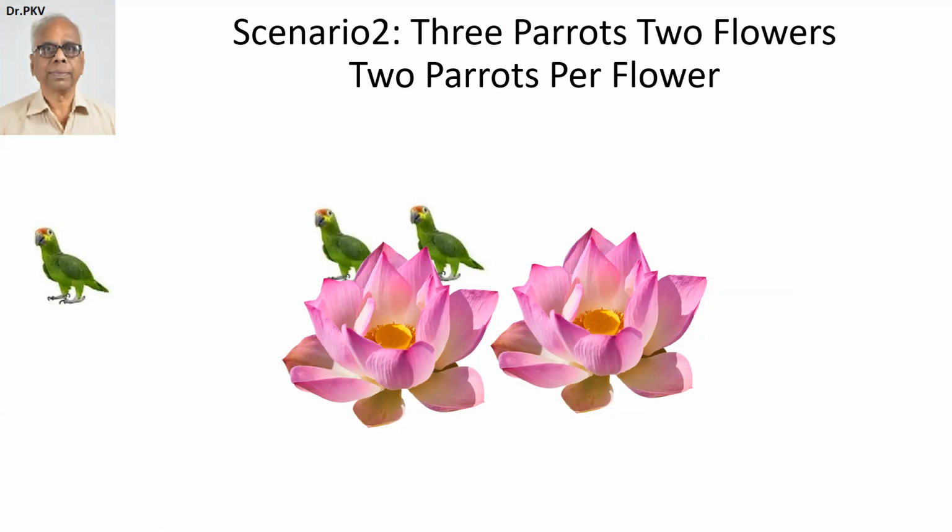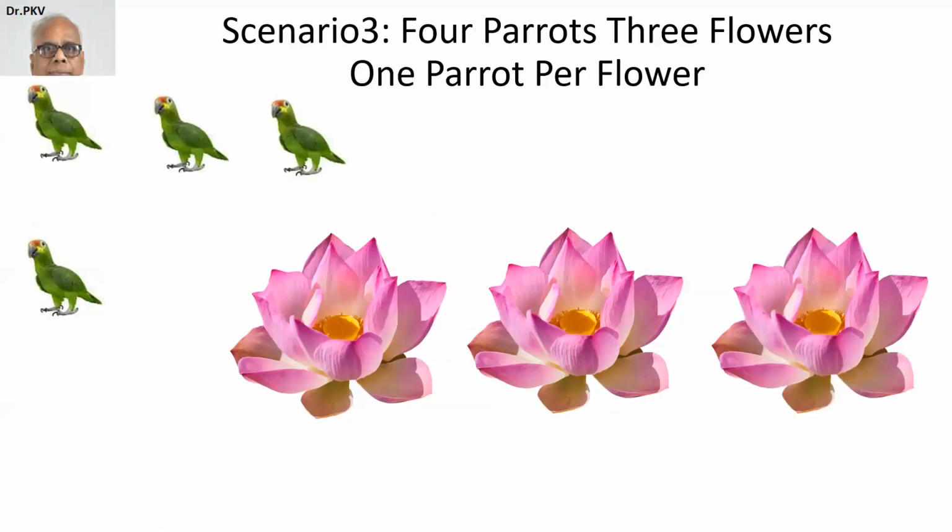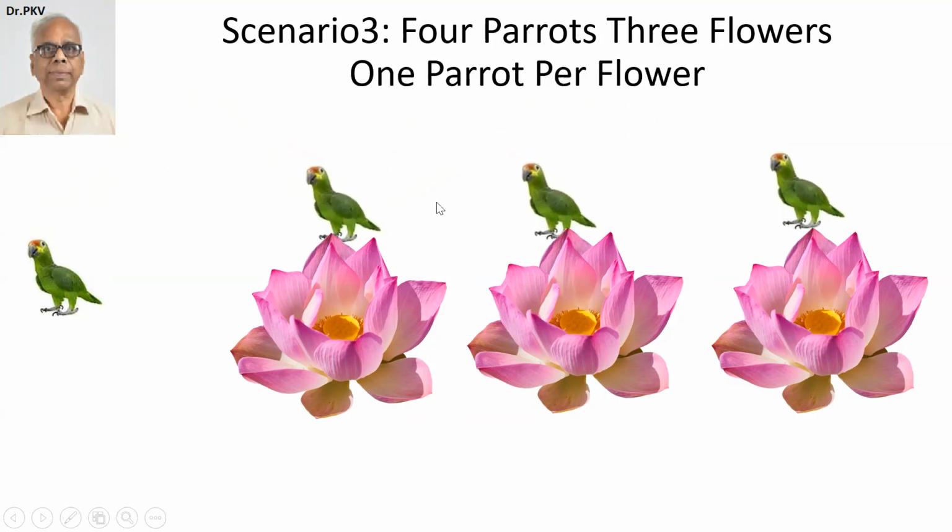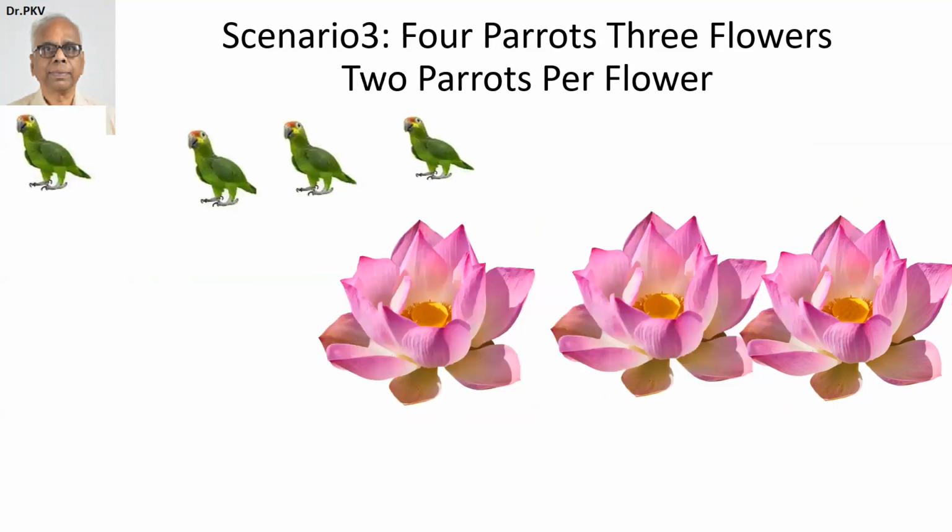So let us now move to the next scenario, 4 parrots and 3 flowers. Now, if one parrot sits in one flower, as before, then one parrot is left out. First condition is fulfilled. Now let us see whether the second condition is also fulfilled. 4 parrots, 2 parrots sit in one flower.